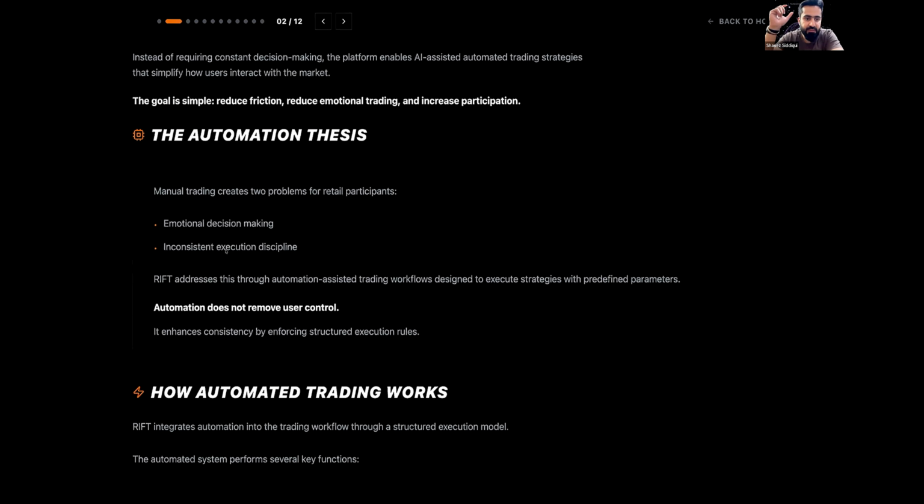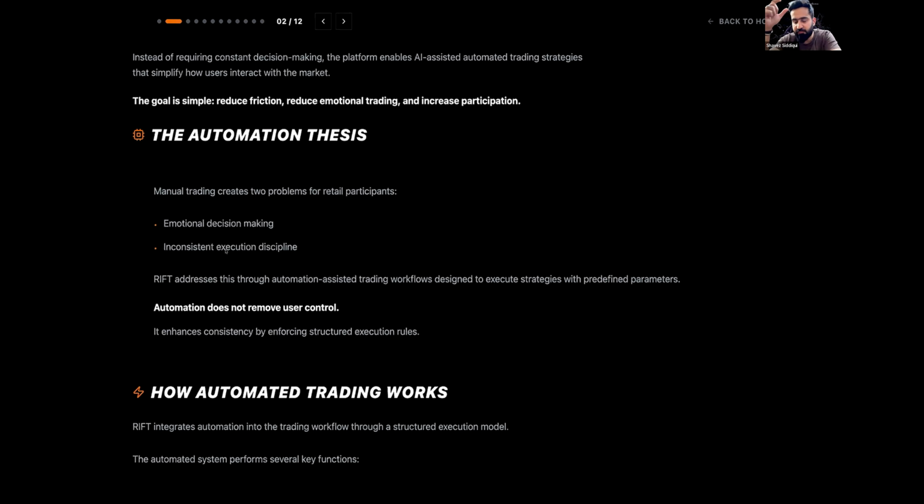So Rift addresses this through automation assisted trading workflows designed to execute strategies with predefined parameters. And even with this, automation does not remove user control. It enhances consistency by enforcing structured execution rules.